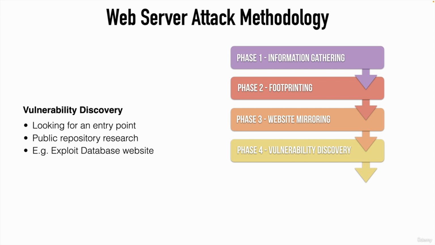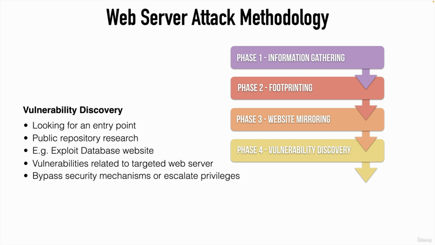And we want to specifically look for exploitable vulnerabilities related to the web server operating system, the web server version, and all of the other information that we've discovered through tactics like banner grabbing. We're looking for vulnerabilities that will specifically work against this web server. And some of the things we're trying to do with these vulnerabilities is we're looking for ways to either bypass security mechanisms or to maybe escalate our privileges.